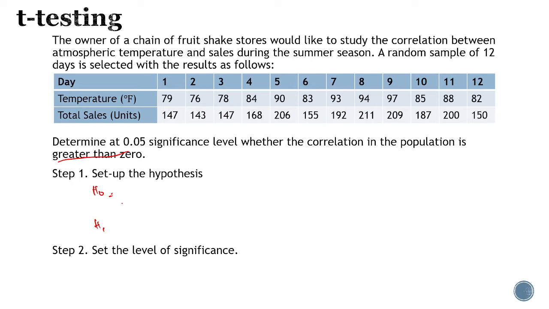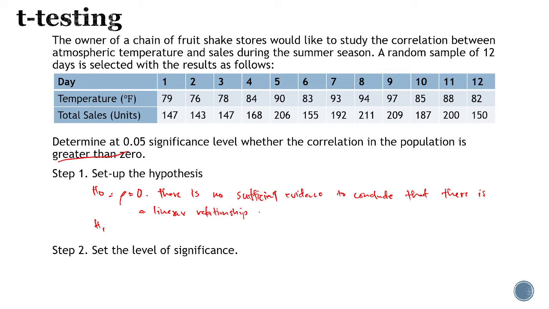So, ang ilalagay lang natin dito, same lang, sulat lang natin yung rho 0 is equal to 0, or ang ibig sabihin yan, there is no sufficient evidence to conclude that there is a relationship, a linear relationship between temperature, shortcut ka lang ha, and sales. So yun lang yun yung ating H0 dyan.